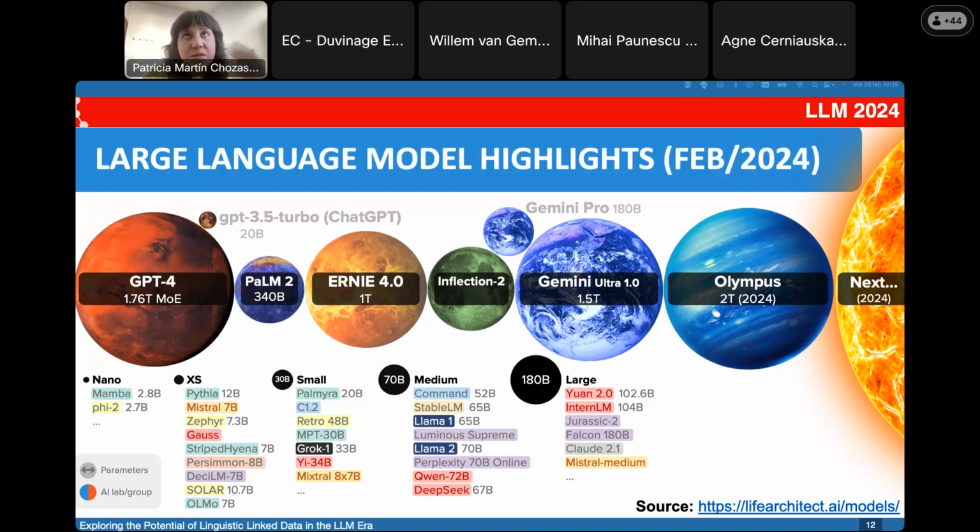And this is just to reflect a bit about the development of LLMs, that since the first models were launched in 2019, there has been an exponential growth, and one may wonder what's next for this 2024, right? Well, just to have a big overview of the current LLMs that are being developed.